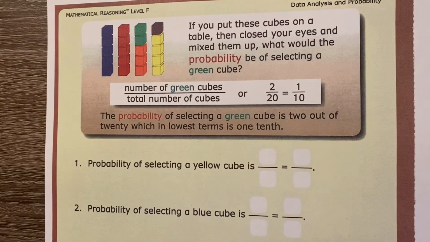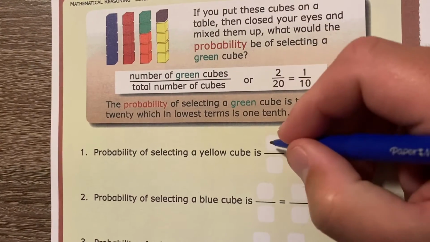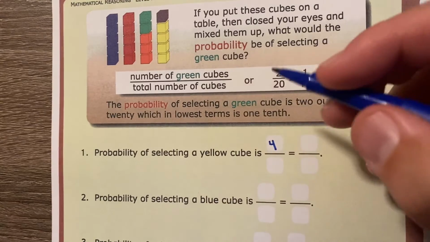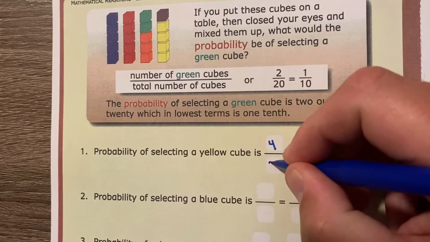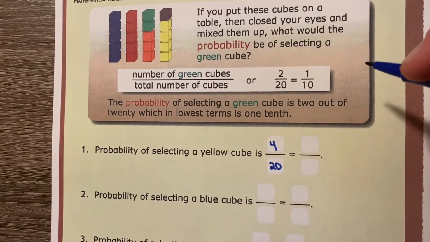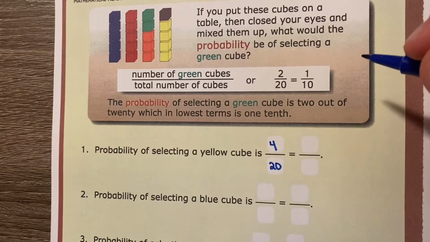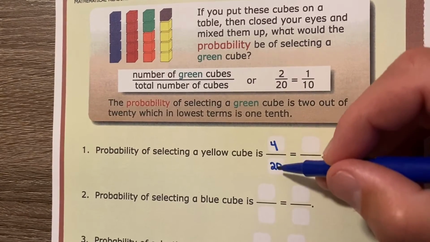So number 1 says, what is the probability of selecting a yellow cube? So if I look over here, I got 4 yellow ones. And it's out of the same amount, so we're still out of 20. So now the question becomes, well, is that in lowest terms? And it's not, because I can divide both of these by 4.